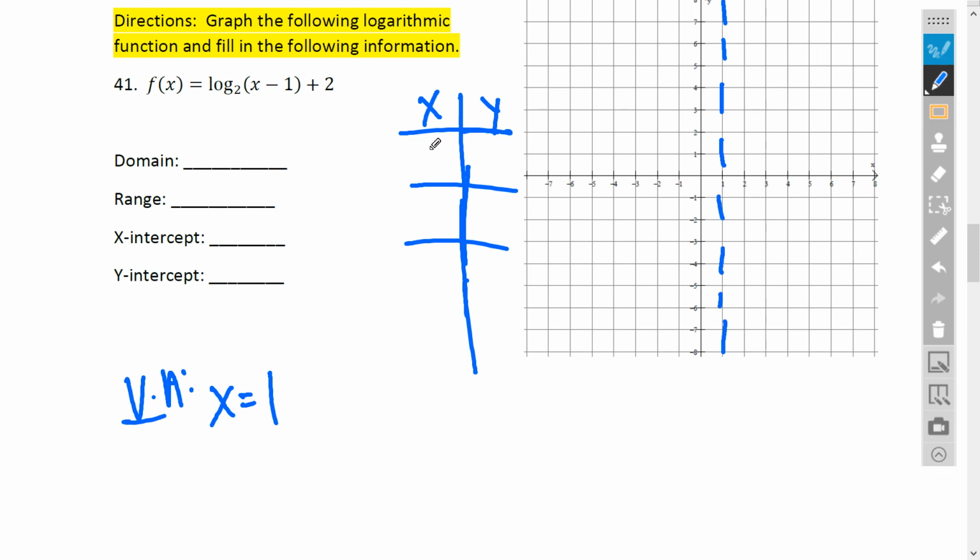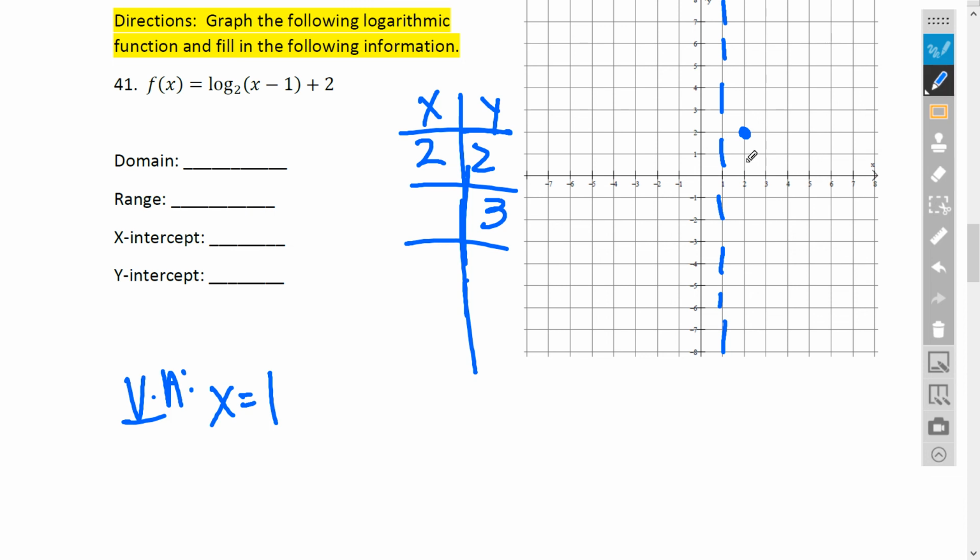The first number I'll plug in then is 2, because if I plug in 2, I get log base 2 of 1 plus 2, so 0 plus 2. So plugging in 2 gives me 2, so my first point is right there. The next number I want to plug in should give me an output of 3, which means I would need 2 inside the parentheses, because I want this to be 1 plus 2.